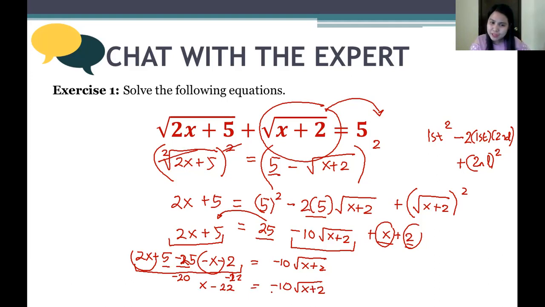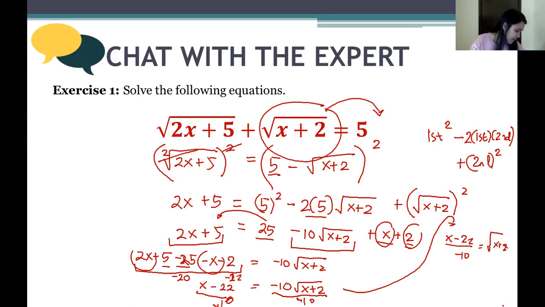Now we have here negative 10. So we divide both sides by negative 10. So we now have x minus 22 over negative 10 equals square root of x plus 2.